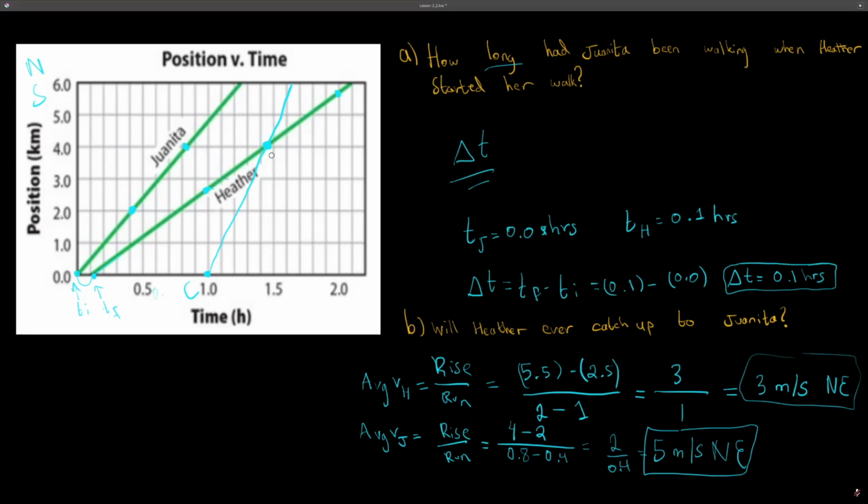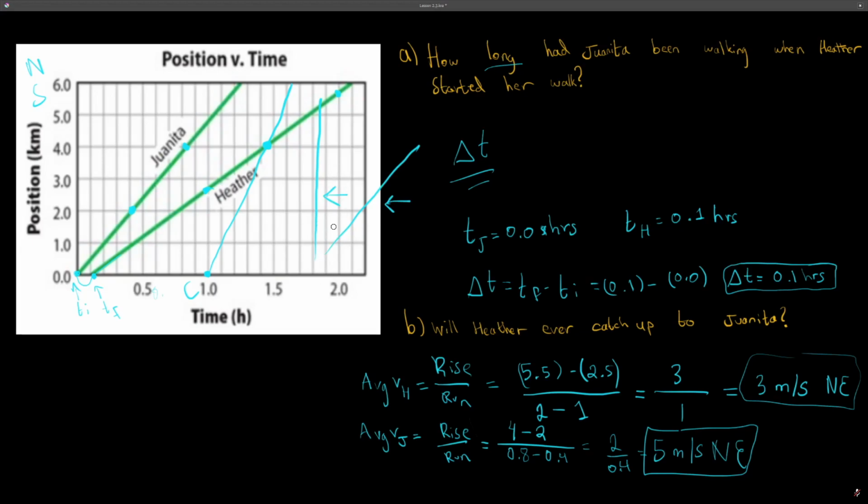Now, her speed is definitely more than 3 meters per second in this case. We can calculate it, but there's no need. We can tell immediately that an object or a person is moving faster just by looking at the lines themselves. If the line is steeper and more vertical, then it's moving faster than a line that is less vertical.